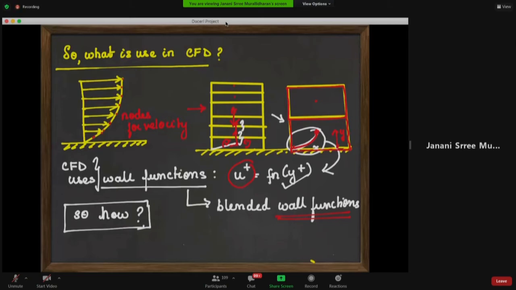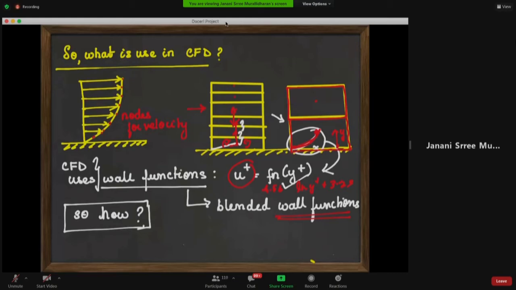It will presume a profile. It will give you an empirical formula. It could be 4.56 ln y plus 3.25, some formulation which gives you the velocity at that distance from the wall.